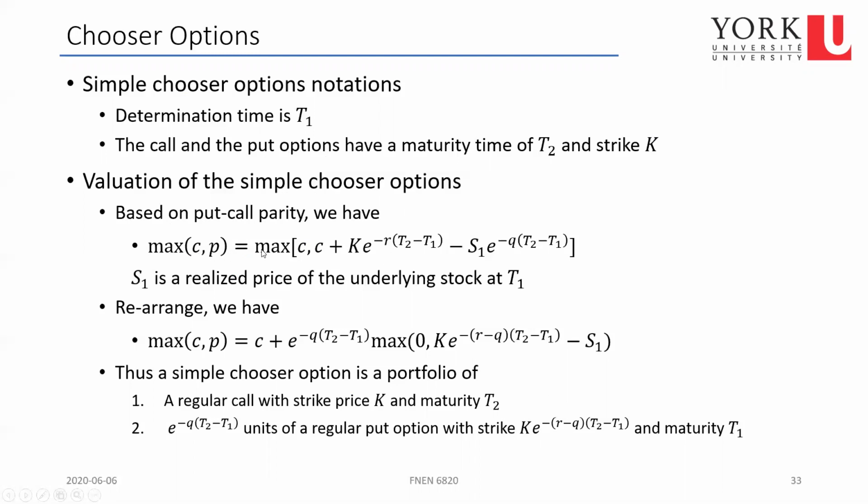Then the payoff function becomes the max of a call, plus this part here, which is the discounted value of K minus S times this factor. Now this is S1, because it's the realized price at T1.